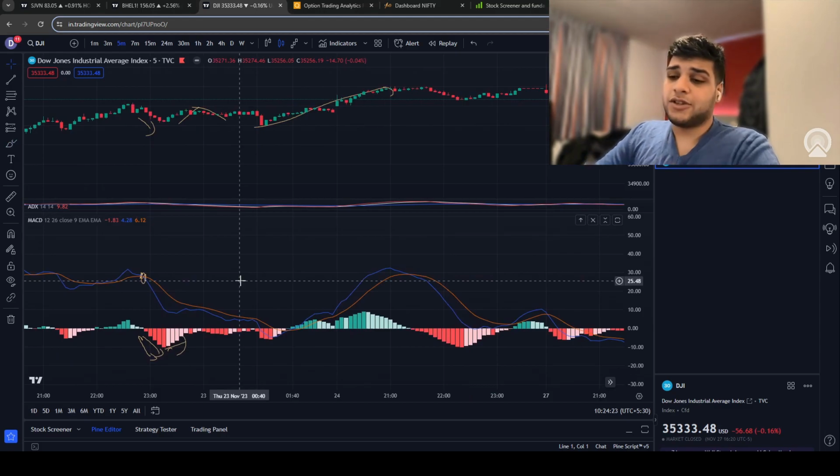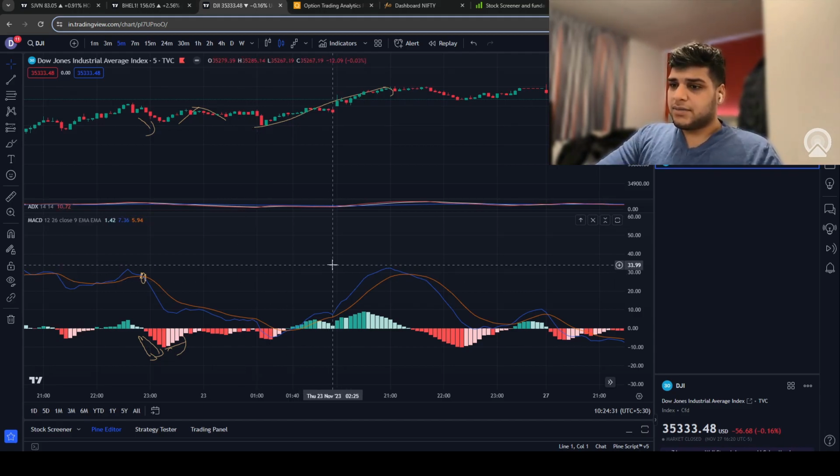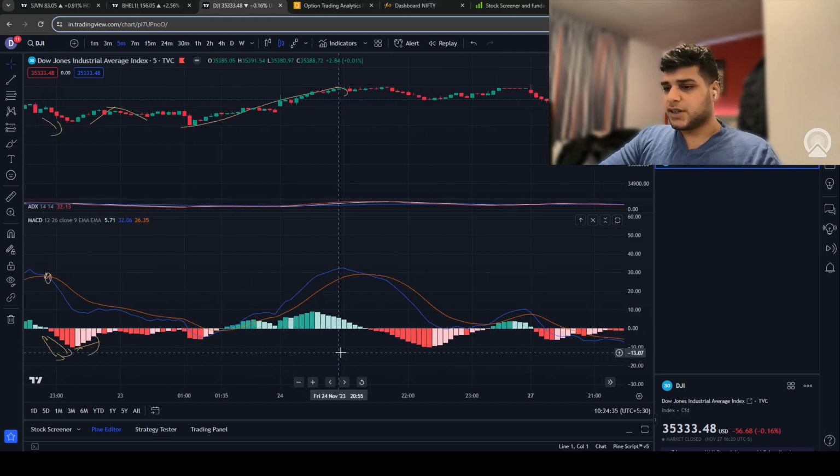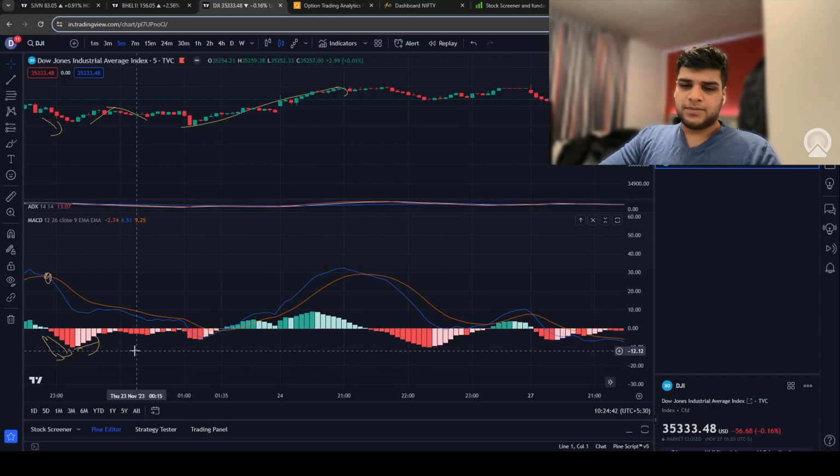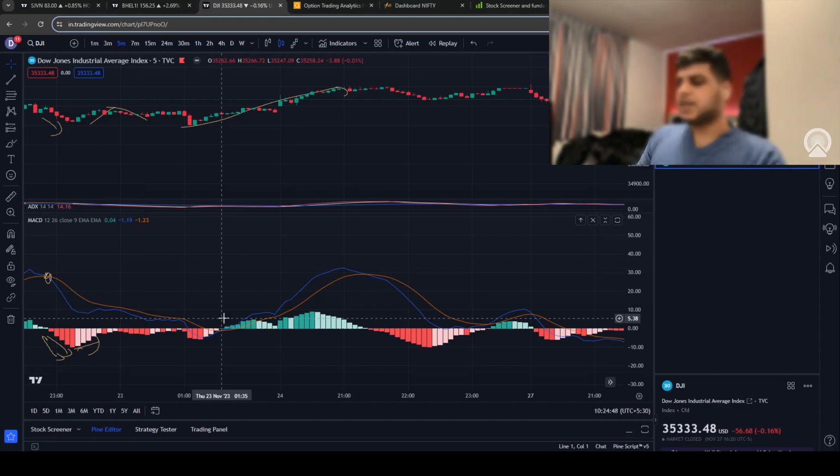So yeah, keep an eye on these histograms, guys. If you want to use the MACD, those are really helpful for exiting trades, and even entering them if you're trying to be more cautious. But you could enter a bit beforehand by using the lines instead of the histograms in convergence with ADX, volumes, stuff like that.